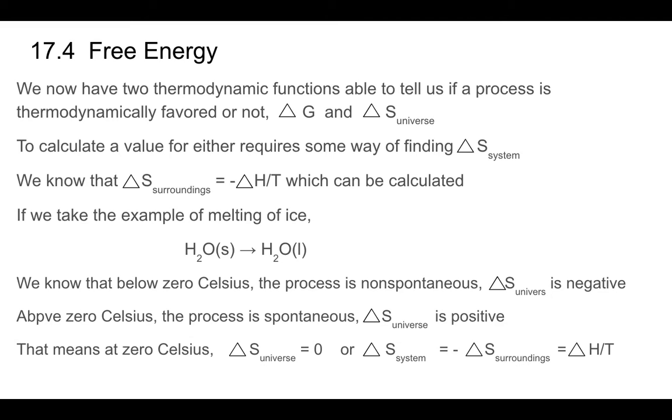Now, in reality, delta S of the system is not that dependent on temperature. Delta S of the surroundings is the part that's dependent on temperature. Remember, delta S of the system is more about the positional entropy. And so, even if you're not exactly at the tipping point, this delta H over T approach is actually still pretty good and gives you a pretty good estimate of delta S of the system.